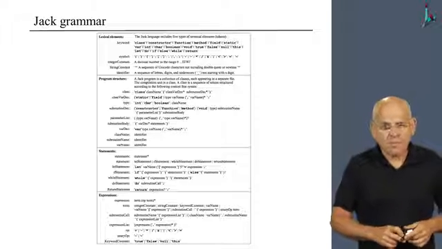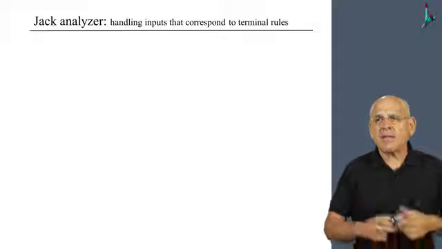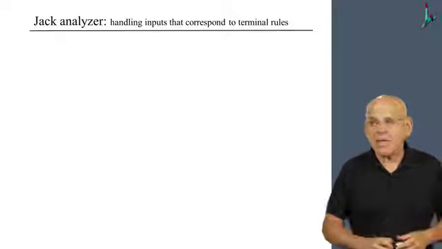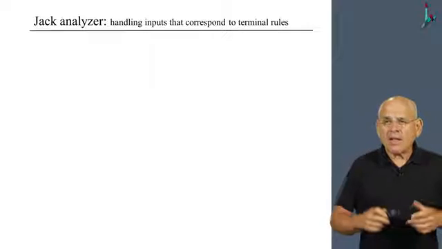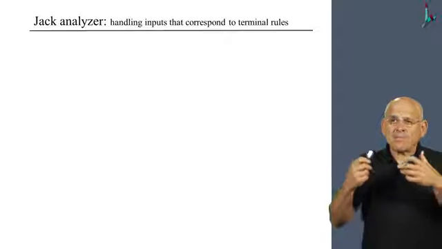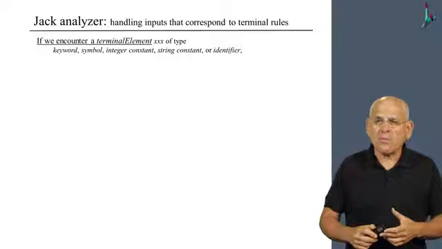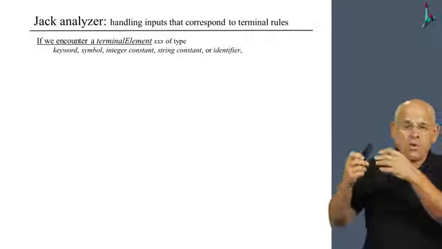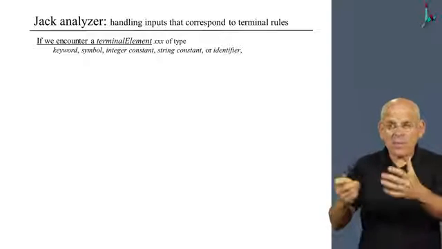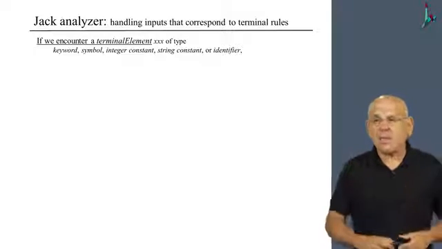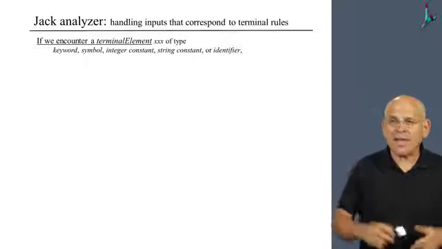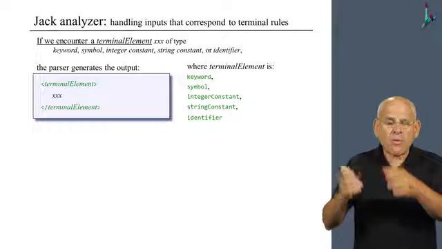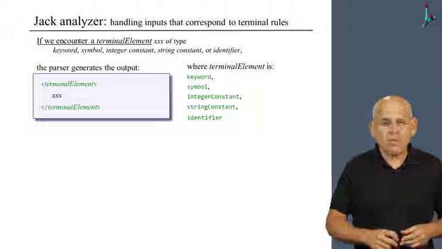So first of all, how should we handle inputs that correspond to the grammar's terminal rules? Well, if we have to process an input, which is either a keyword, a symbol, an integer constant, a string constant, or an identifier, which is, according to our grammar, considered a terminal element of the input, then we generate output that looks like this.